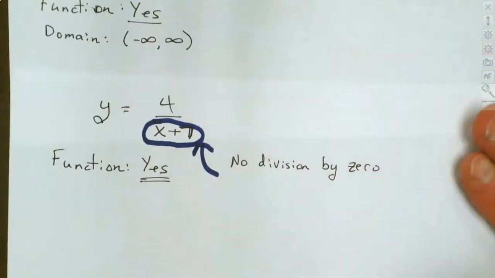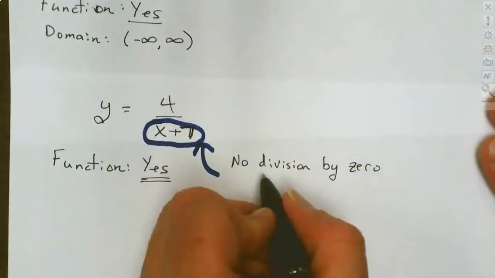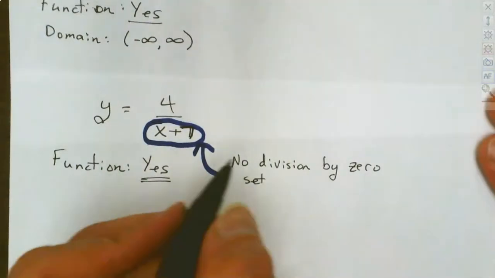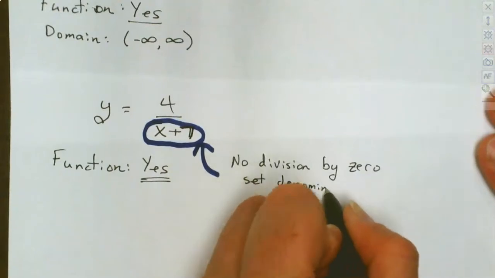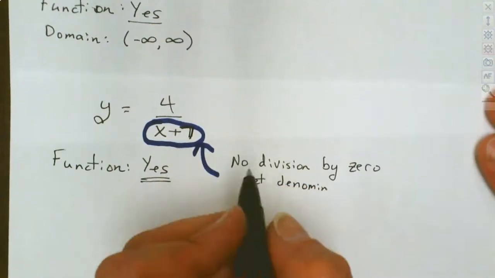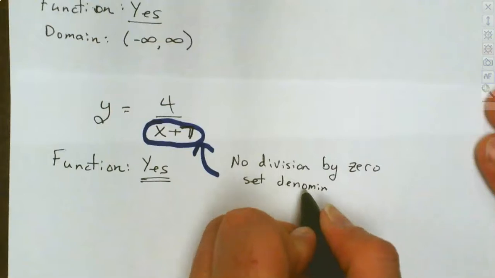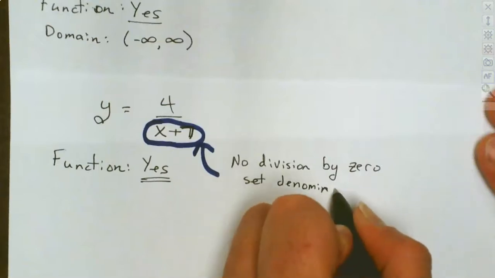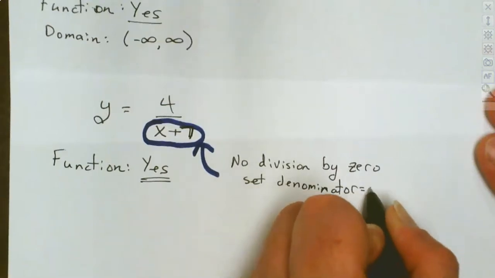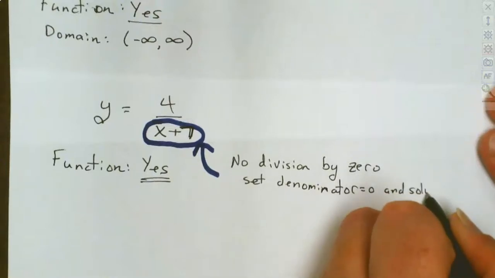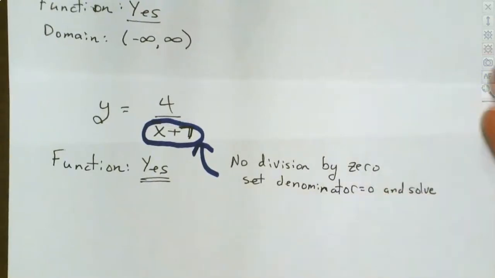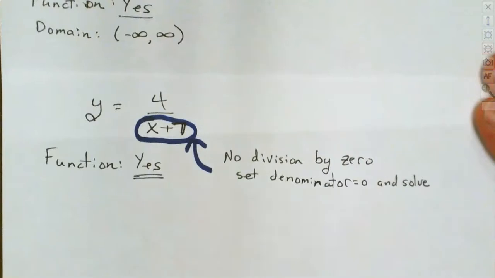So we do not want any division by 0. So that means we're going to set this denominator to 0 to find the point that doesn't work. And then we're going to solve.